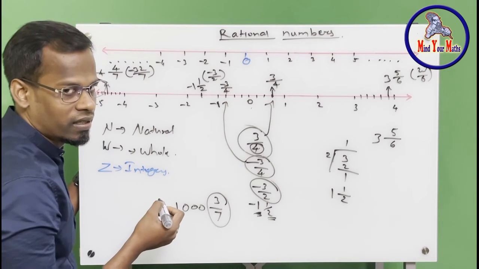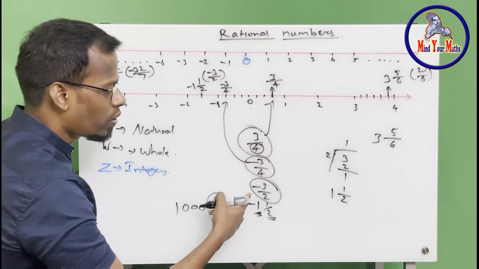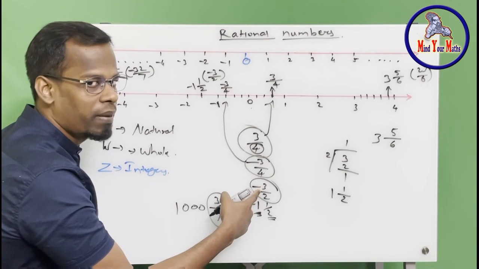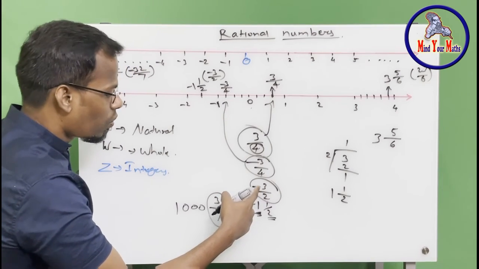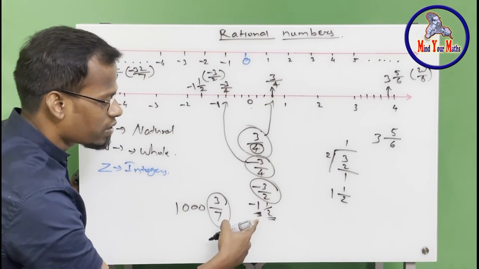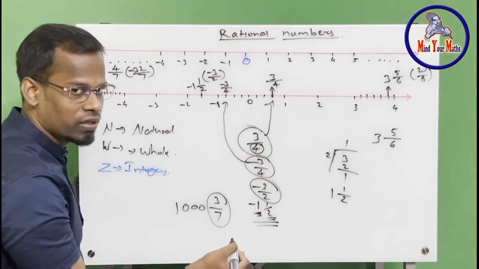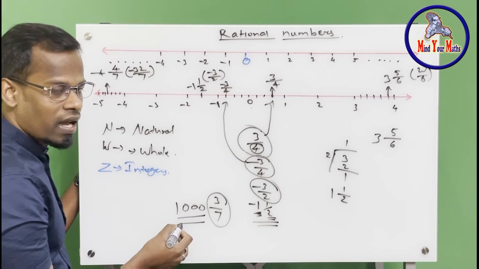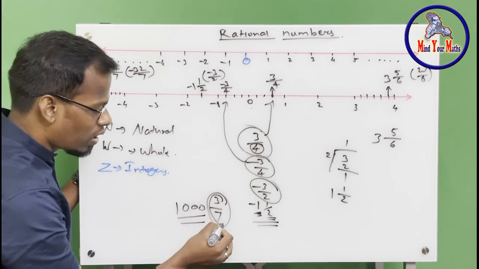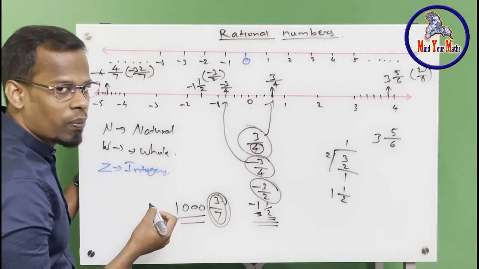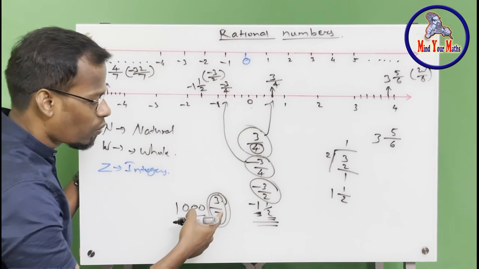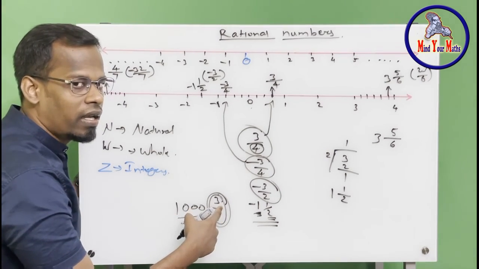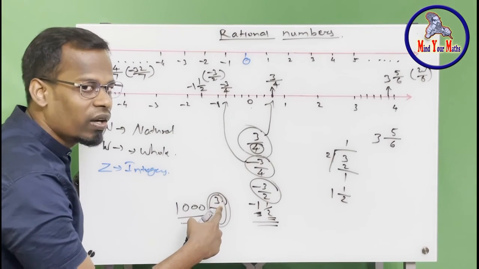Because this is a proper fraction. Or they will give you an improper fraction, a negative or a positive number. What you need to do is convert that to a mixed number so that it will be easy for you to find the first number. And obviously this one will always be a proper fraction. If you happen to get an improper fraction here, then your calculation is wrong.